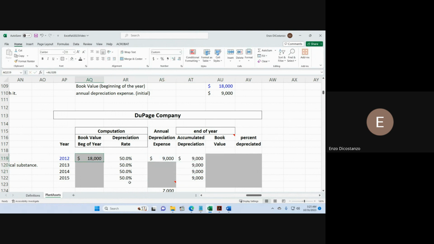So the book value, this is the end of year book value, would be equal to what you started with minus the accumulated.